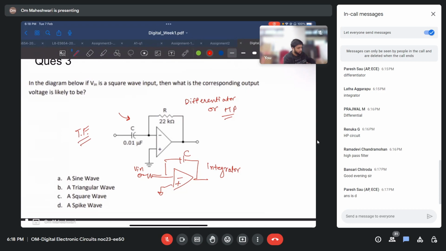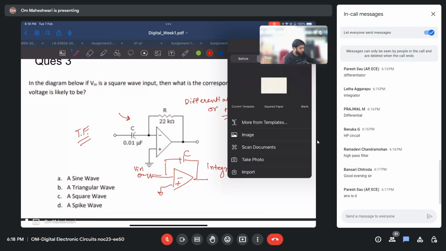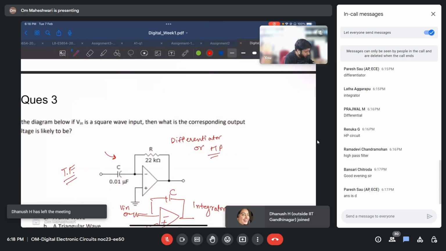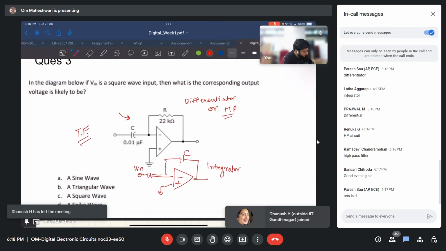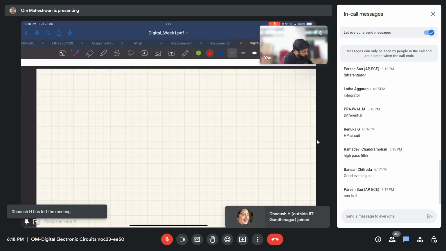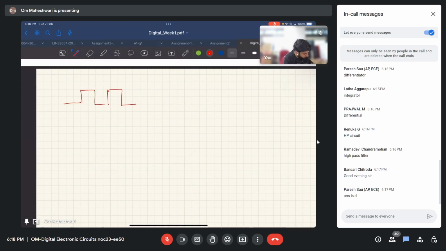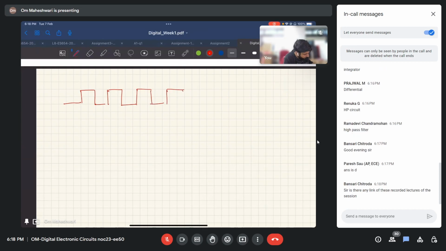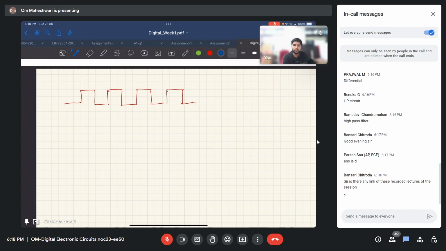Now the question is, what will this circuit do? We are giving a square wave input. What is the differentiation of a square wave? Wherever there is slope change, we will get a spike, right?